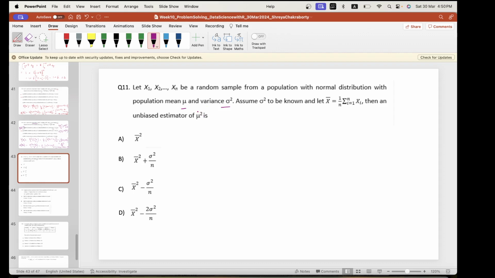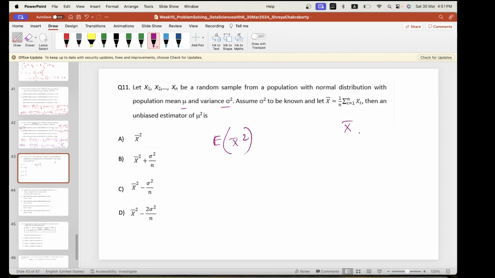Okay. So let us find out expectation of x bar square.